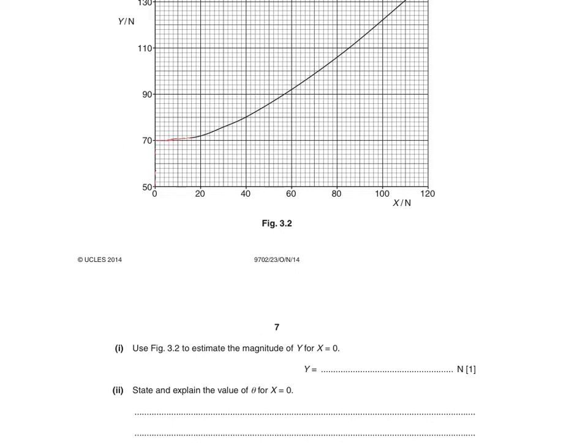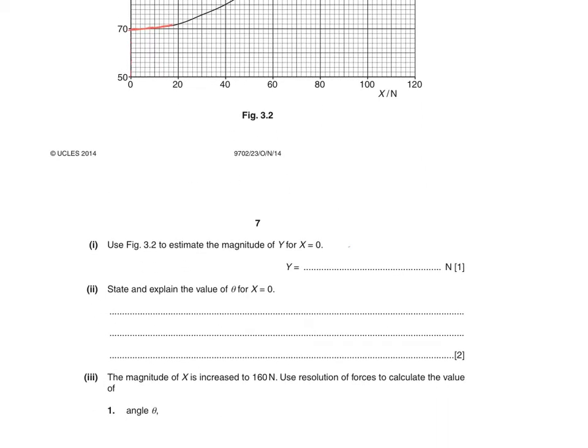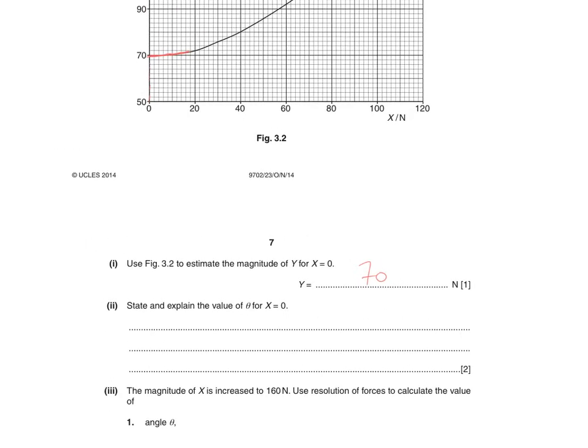If we kind of continue it, we can see that it's going to flatten out approximately at 70. In this exam, they'll allow probably a newton either side, because obviously it depends on where you've estimated that line is going to go. It tells you you're using figure 3.2 to estimate this, so that suggests there's no calculation. We're just using the graph to do this, and hopefully we can get it off that graph.